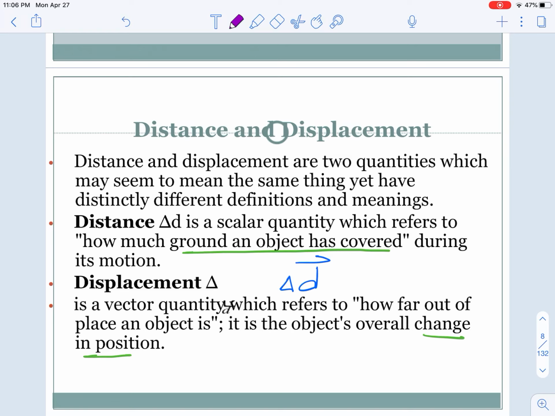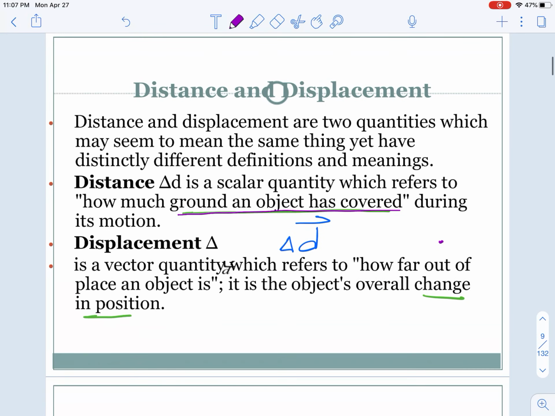So distance then and displacement are two different things. Distance would just be how much ground was covered as you walked, and you have some device that measures exactly how many meters you went or kilometers you went.